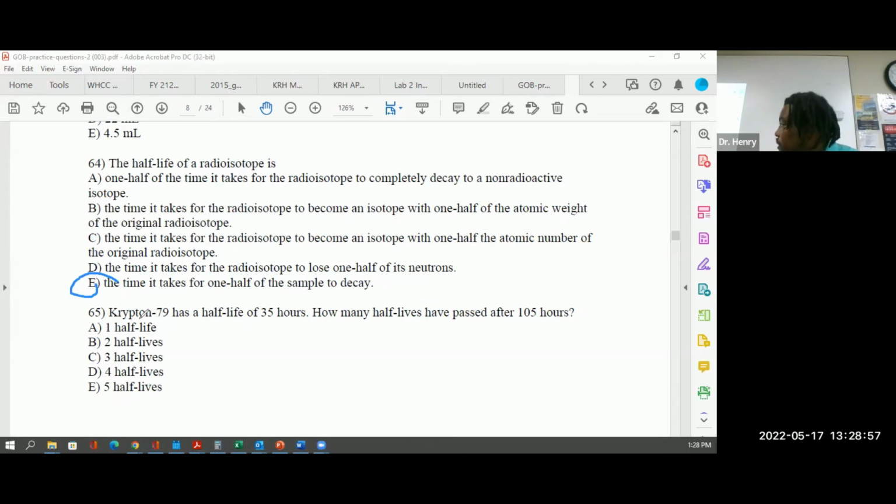Okay, so krypton has a half-life of 35 hours. How many half-lives have passed after 105 hours?